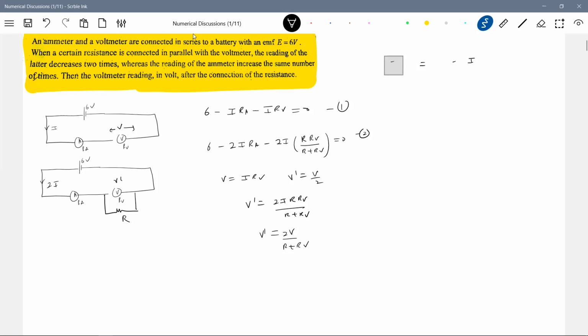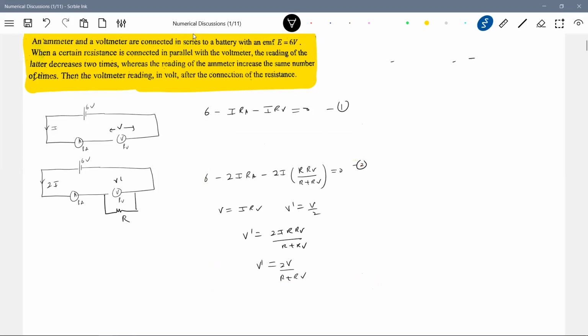Okay, we'll do one thing. This is simplified. One more step, I'll write it, it'll be easy for us. So the second part will be IRA. This will be 2I RA.